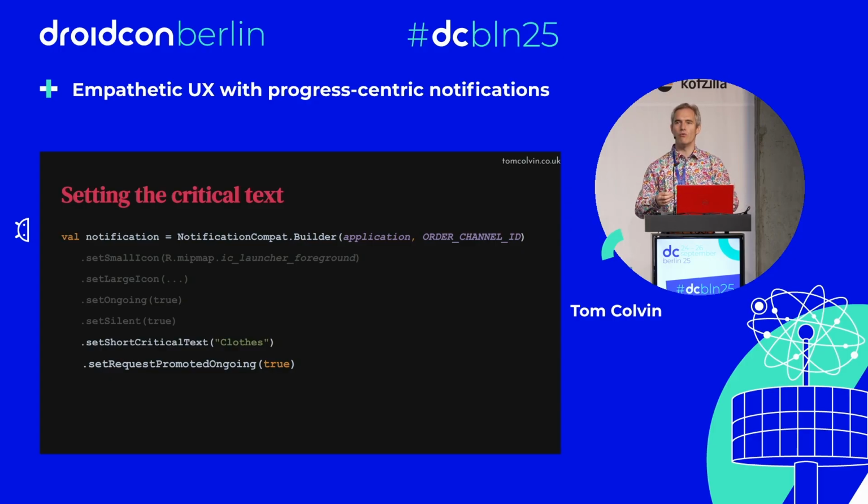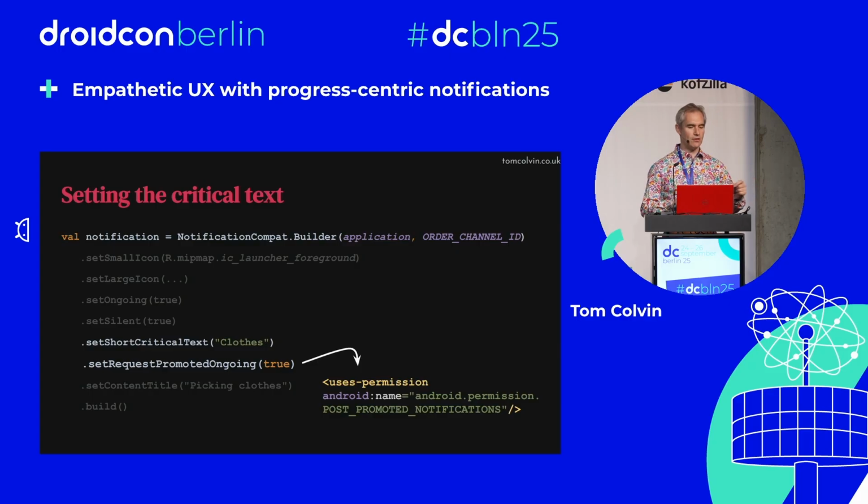You don't find out whether or not it does. I don't think there's any way of knowing. But you have to request that. And if you are the promoted one, then you're the one that gets to put a chip in that status bar. In order to request promoted ongoing notification, you have to have the permission post-promoted notifications. That's a manifest permission. You don't need to ask the user for it, but it needs to be there.